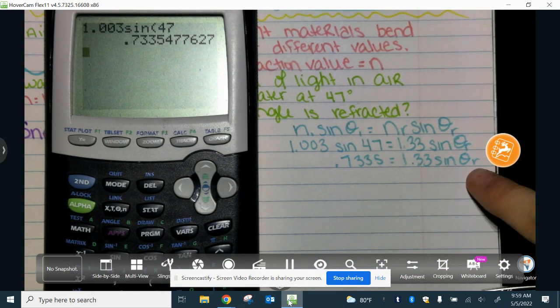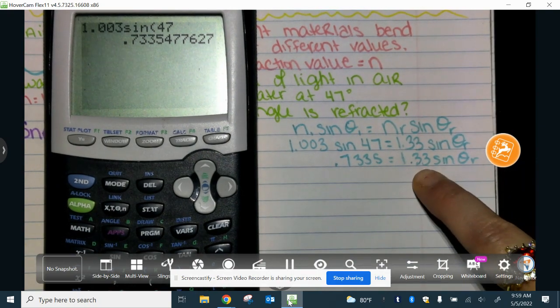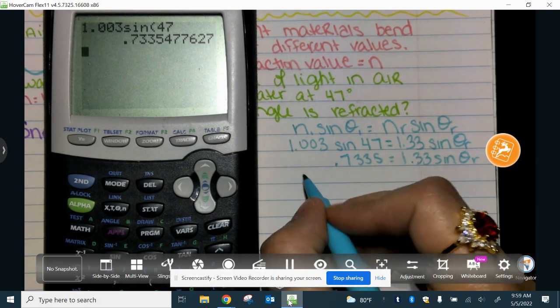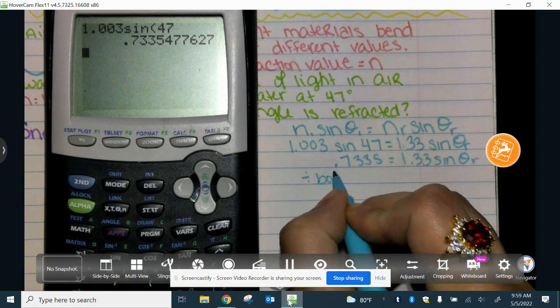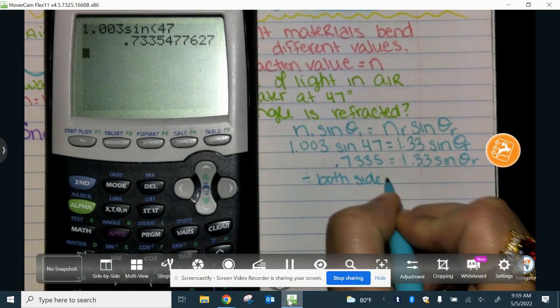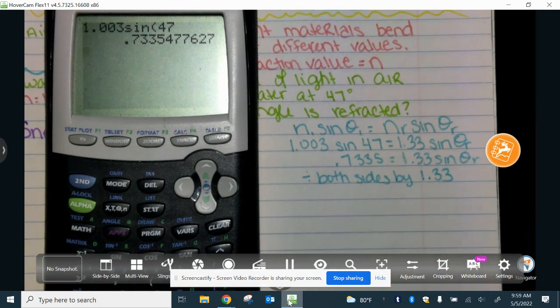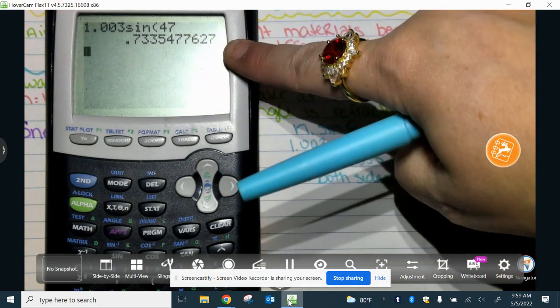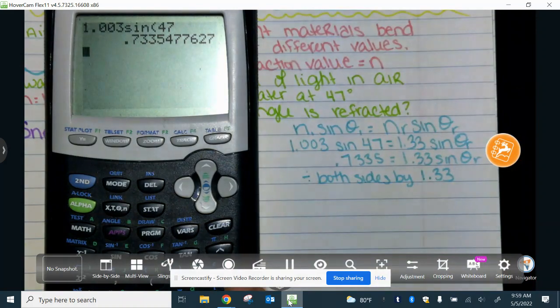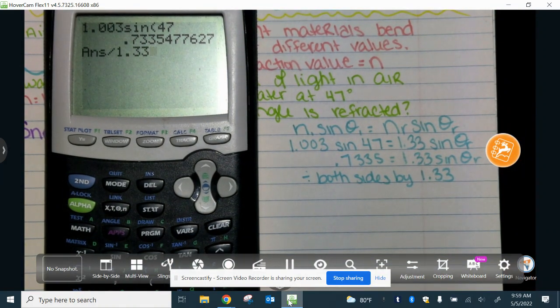I want to get theta by itself. So the first thing I'm going to do is divide both sides by 1.33. I have this super long number, and I don't want to mess with it, so I'm just going to hit divide 1.33 and hit enter.